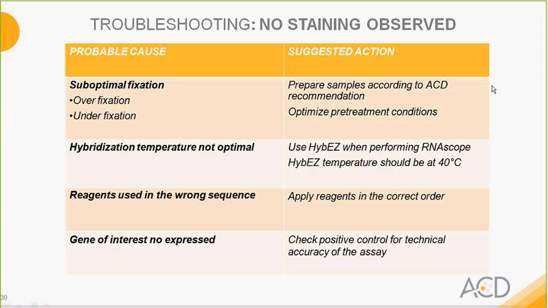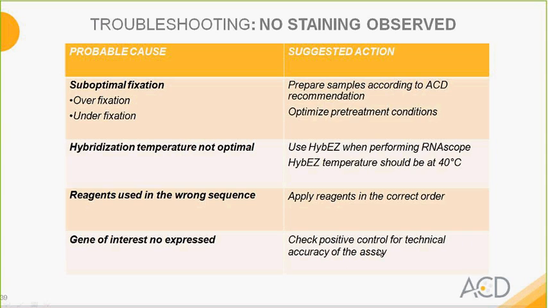To the right are the recommendations that we have for these issues, such as using the HybEZ oven and making sure the temperature is according to what we recommend for hybridization. For over-fixation and under-fixation, we recommend that you always prepare your samples according to ACD recommendations and optimize your pretreatment conditions.